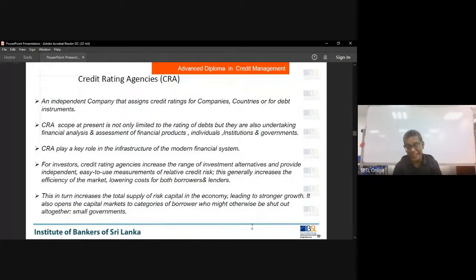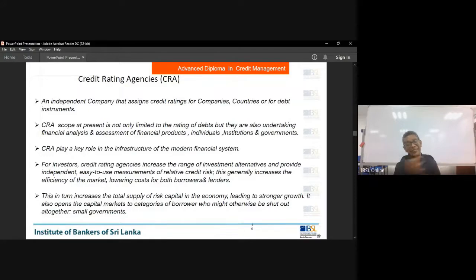Now it's like this. Suppose your branch may be rejecting certain loans, but the same customer goes to the head office, to some banks, and gets it approved.